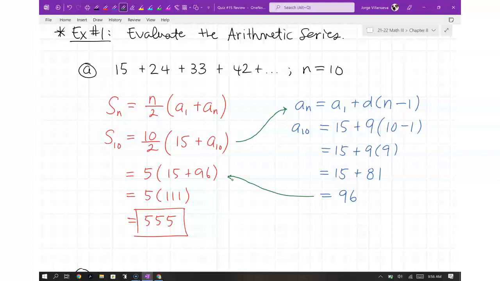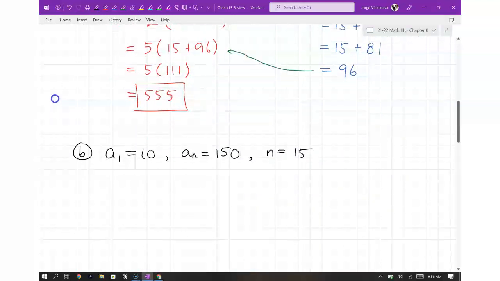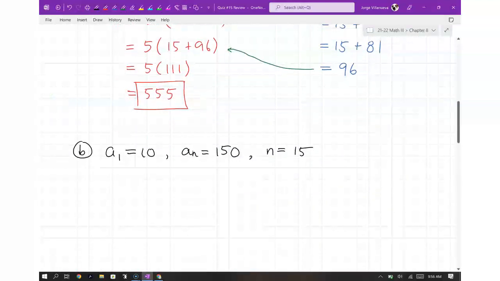Okay, that's one of the reasons why I gave you 2 of these examples to do. So right now here's one of them. Okay, the second one is going to look a little different, but we're still going to do the same work. So look at the second one. They're going to give you a sub 1. They're going to give you a sub n. And they're going to give you n.